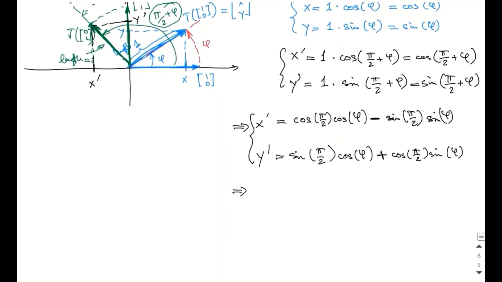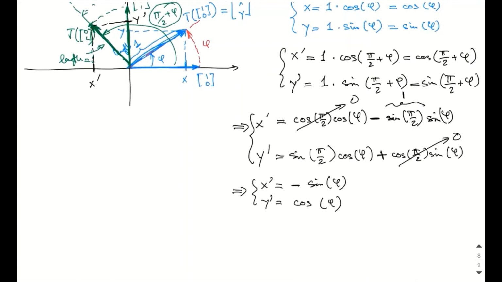And so that helps you compute x prime, right? Remember, cosine pi over 2 is 0, and sine pi over 2 is 1. So you end up having x prime as minus sine phi and y prime as cosine phi.